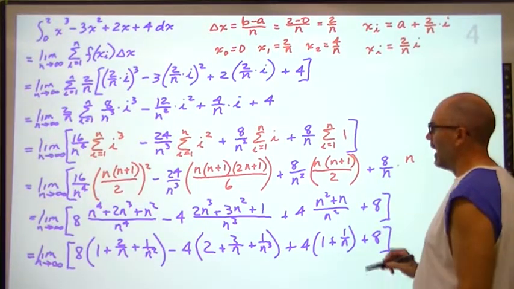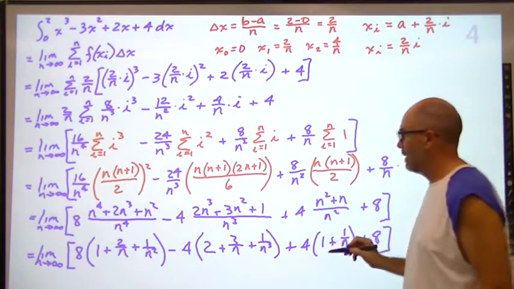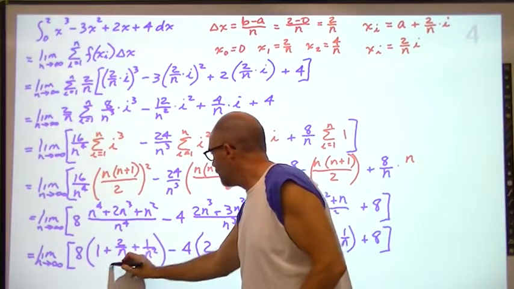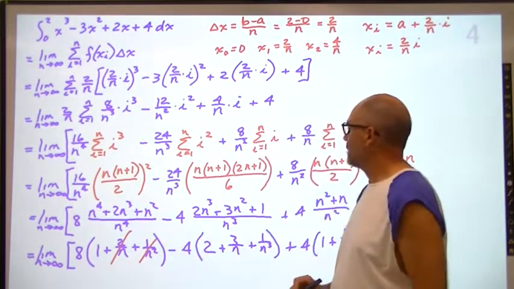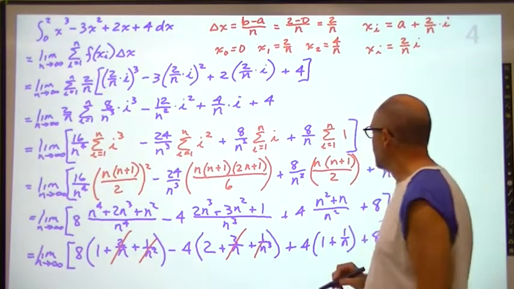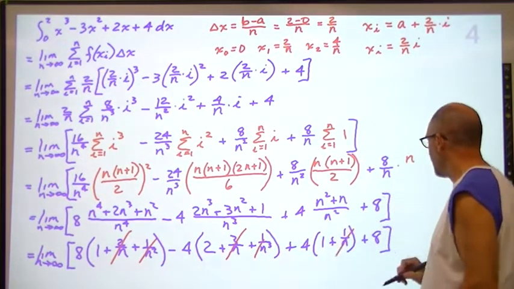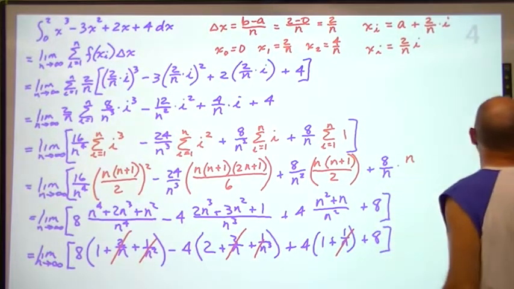Okay, now, when we let n approach infinity, 2 over infinity is nothing. 1 over infinity squared, nothing. 3 over infinity, nothing. 1 over infinity cubed, nothing. 1 over infinity, nothing. So, what do we have here?